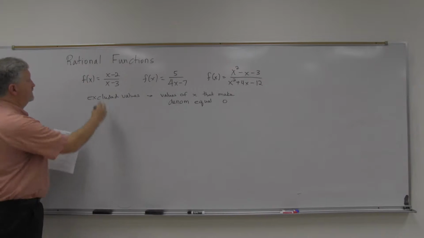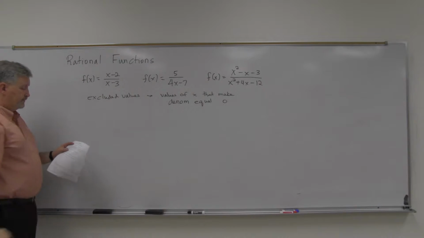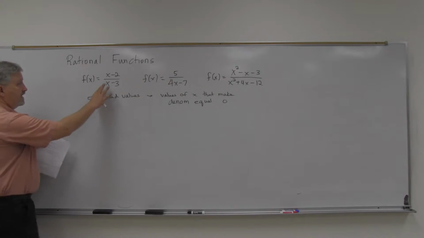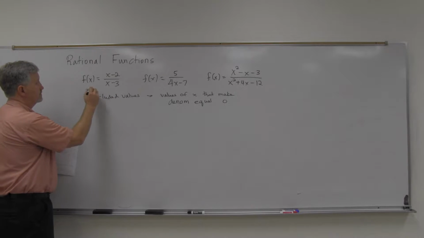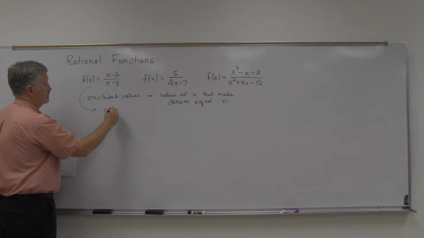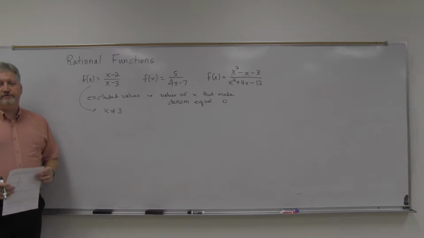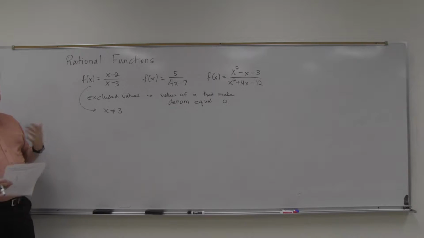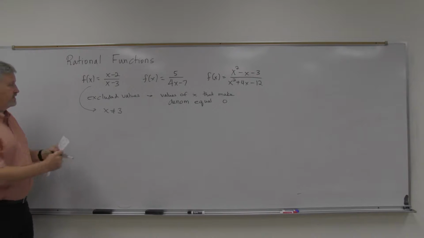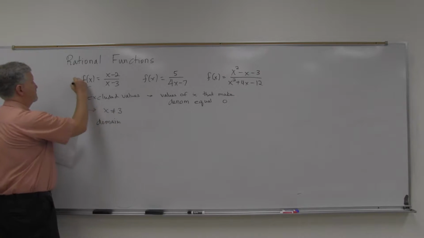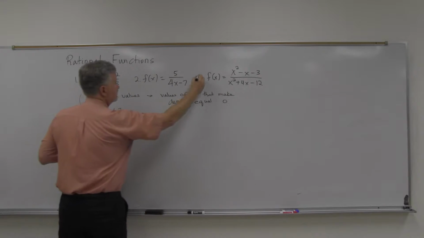And so on our first one here, we would have to say the excluded value there is 3, right? X could not be 3. So 3 would be the excluded value. Now what that means is, if it asks for the domain then, I forgot to put my numbers, 1, 2, 3.